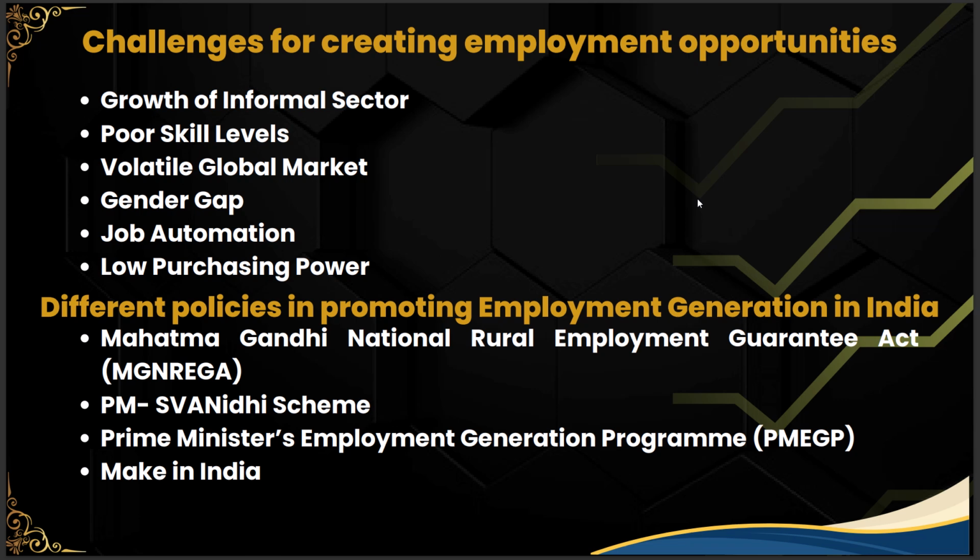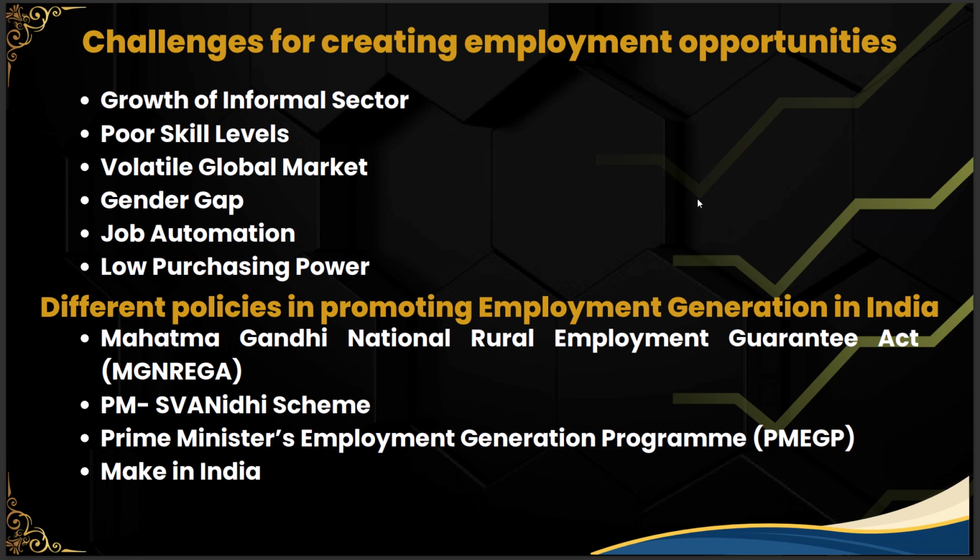Now let's look into the different policies in promoting employment generation. Mahatma Gandhi National Rural Employment Guarantee Act. We have seen that a few times earlier. It is nothing but providing at least 100 days of guaranteed wage employment in a financial year to every rural household whose adult members volunteer to do unskilled manual work.